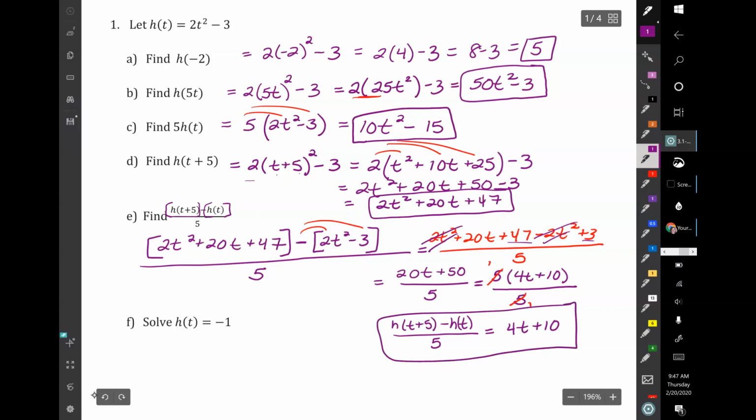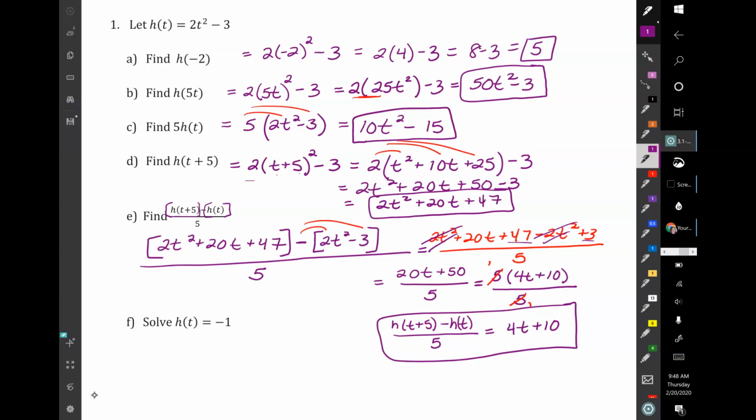Given that our original was 2t squared minus 3. Okay, so you're going to start to notice some patterns maybe with these and what they look like when you're done. So just pay attention to that. You won't be asked to produce that, but you might be asked questions about, like, do you notice it and things like that.